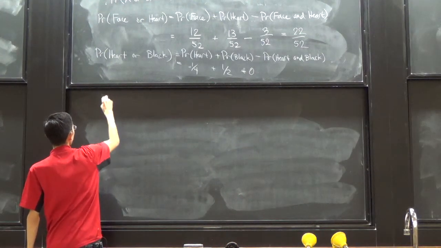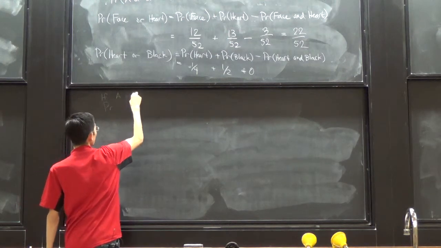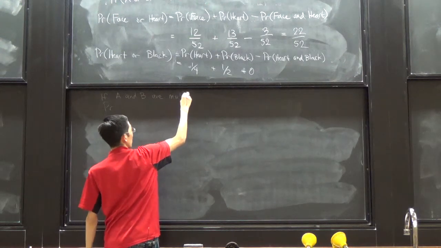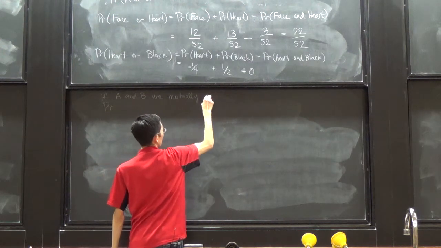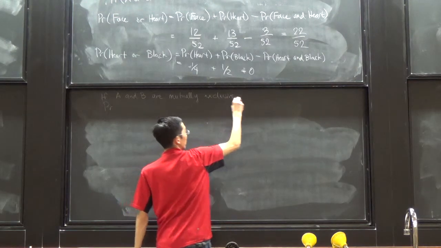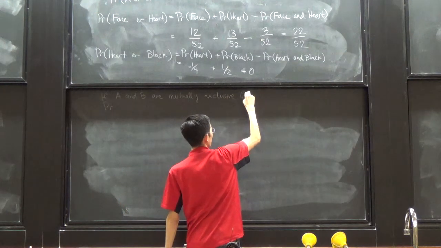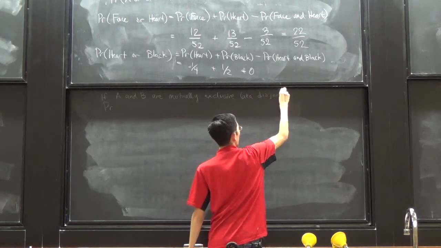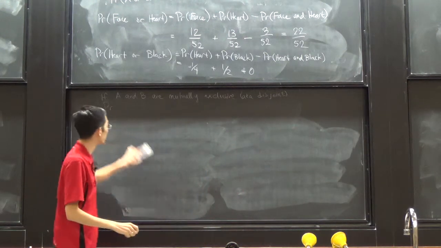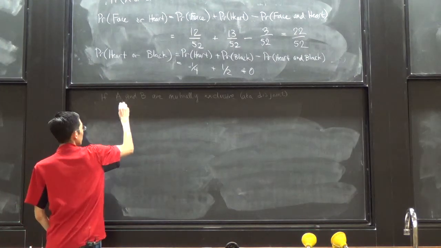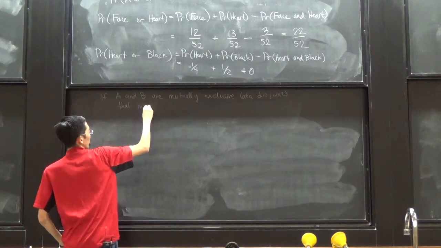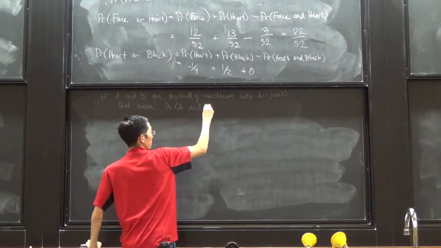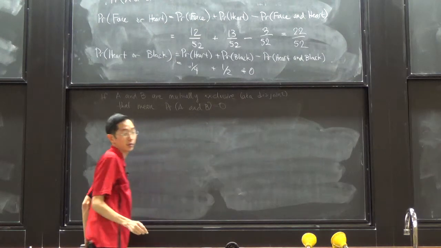So we'll say if A and B are mutually exclusive, also known as disjoint, that means the probability of A and B equals 0.